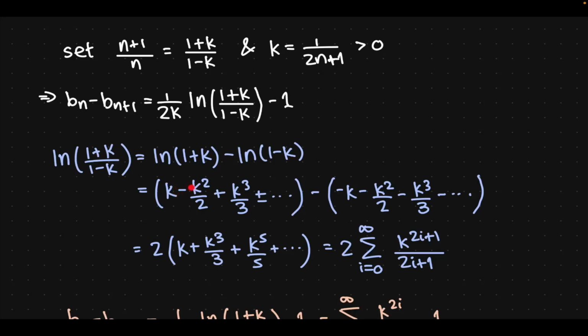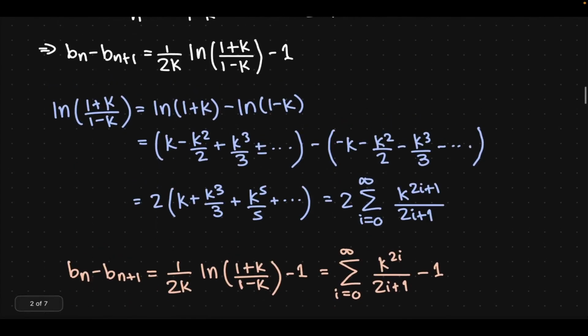So k minus k squared over 2 plus k cubed over 3 plus or minus and so on, because it's going to alternate signs, minus k squared over 2 minus k cubed over 3 minus dot dot dot. So we can cancel some terms off, not all of them.